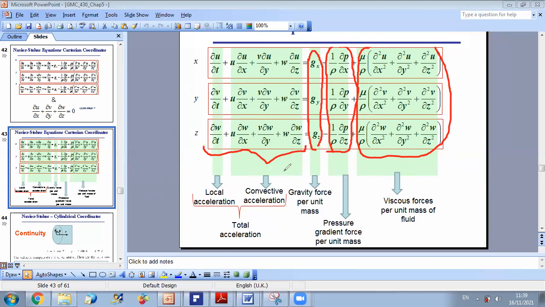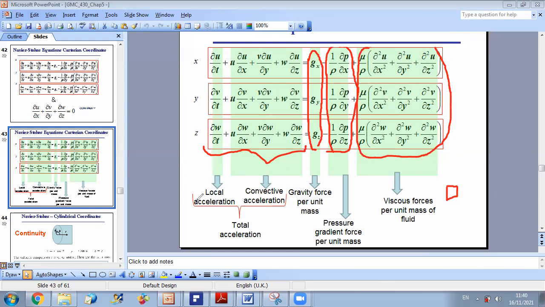We end up with sum of forces equal to ma for a very small control volume element of volume dx dy dz. So this is our final result, and these are called, as we said, Navier-Stokes relations, and we'll use them to solve for the velocity field and for the pressure field.